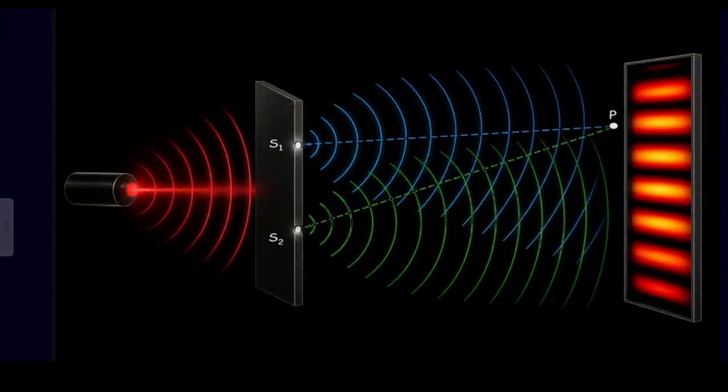So actually this figure will appear like this. Let us visualize. At the center, a bright fringe will be formed, exactly at the center. This is called the central bright. After the bright, a dark will be formed.